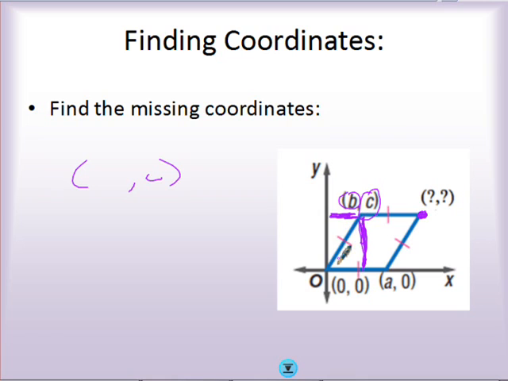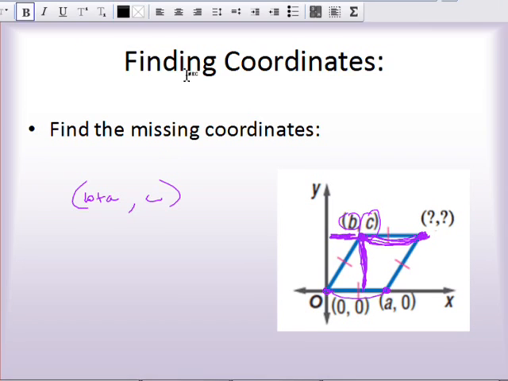The x value, if from here to here is a, then that's the same as from here to here because they're congruent, because it's a rhombus. We started at b as the x value, so we're going from b all the way out here, the distance of a. So this is very simply b plus a. When we find these coordinates, it's important that you understand we aren't looking for numbers here.